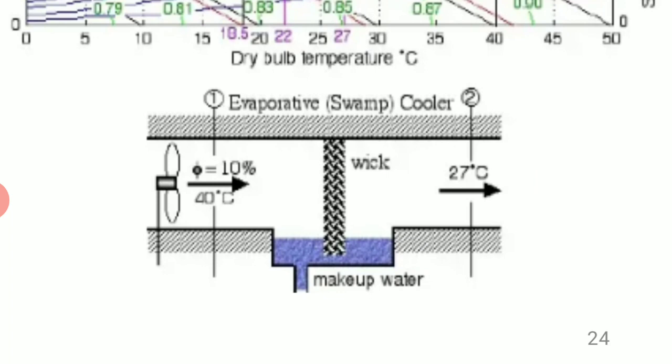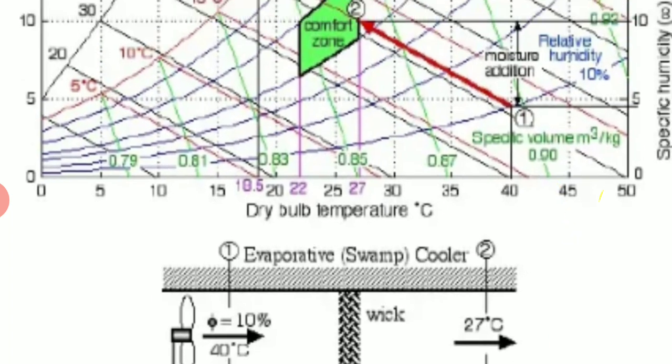So when the air passes through this wick, automatically cool air will be passed. So from 40 degrees Celsius to 27 degrees Celsius, the temperature will be reduced. Normally we use air coolers in our homes, exactly the same thing. The water from the wick will try to reduce the temperature.